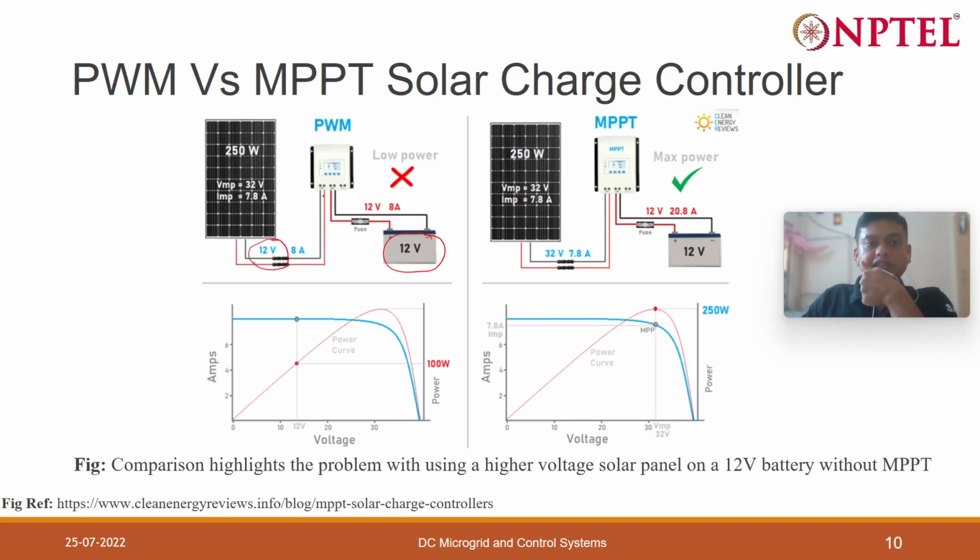So it maintains the PV array voltage equal to the battery voltage and takes power accordingly. So here you can see this is the IV curve.